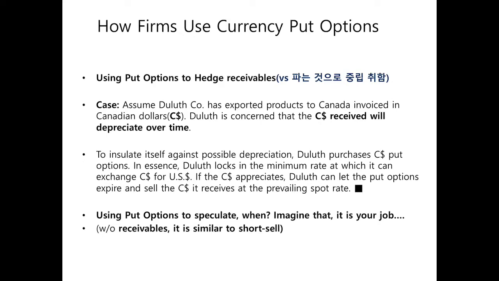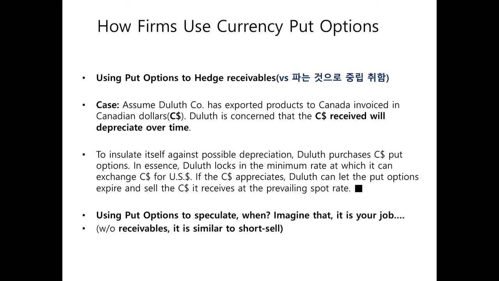We call it when it has a payable. For the put option, the other case, when the firm has a receivable in the future, right? I will receive Canadian dollars in 3 months, and I want to convert it into US dollars.